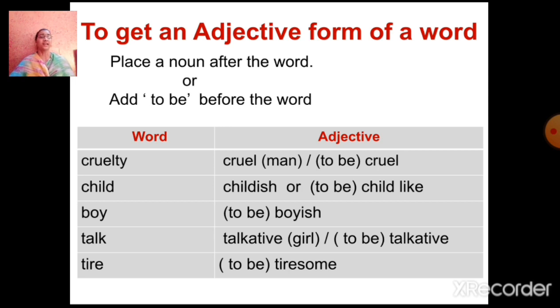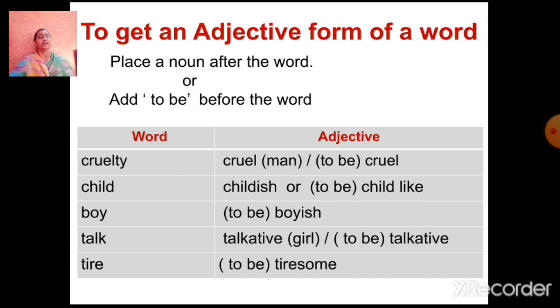Then, how can we get the adjective form? Now, as I said, there are two ways to form adjectives. The first one is, we will place a noun after the word, like for example, Tom was not a cruel man. Here, the adjective cruel describes the noun, that is the man who is Tom itself. So the adjective cruel describes a noun, Tom as well as man.